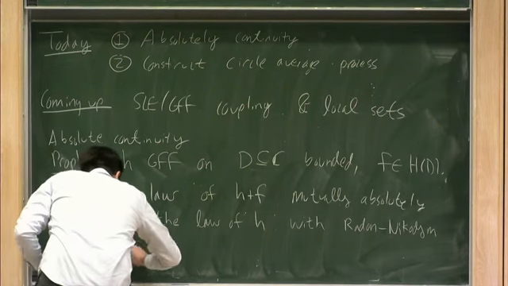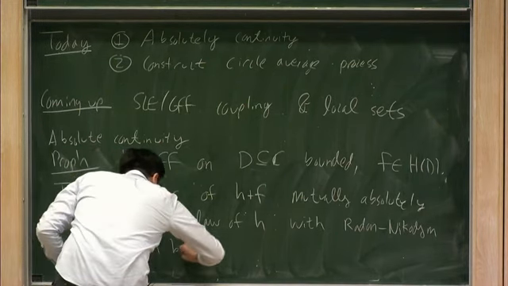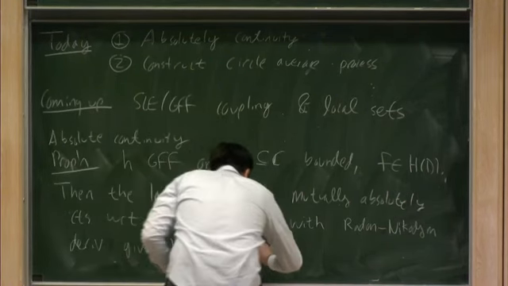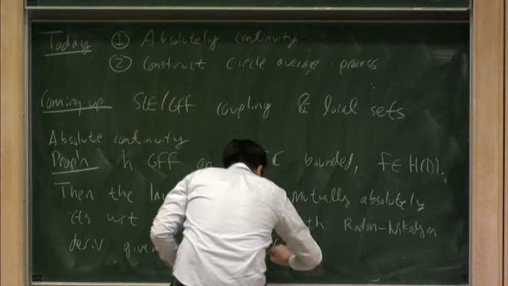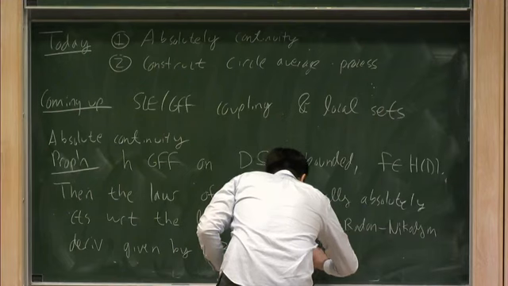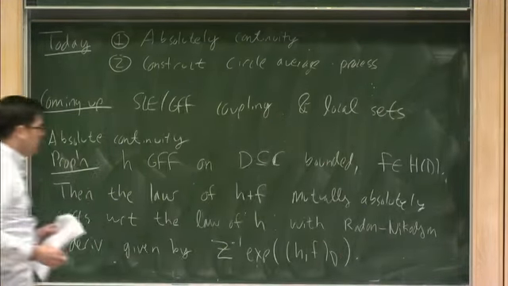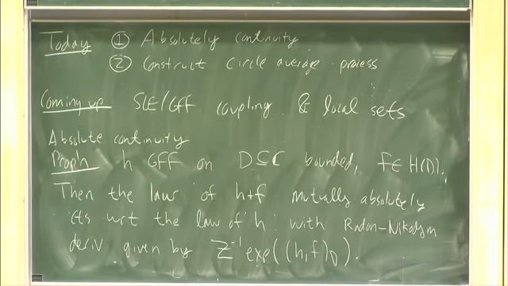It's just given by a normalizing constant times the exponential of the inner product of h with f. Okay? So this is what we want to prove.